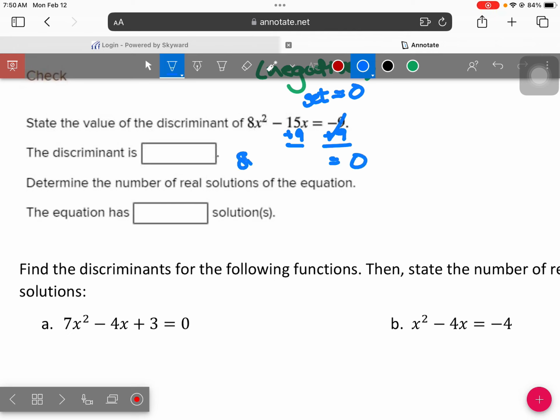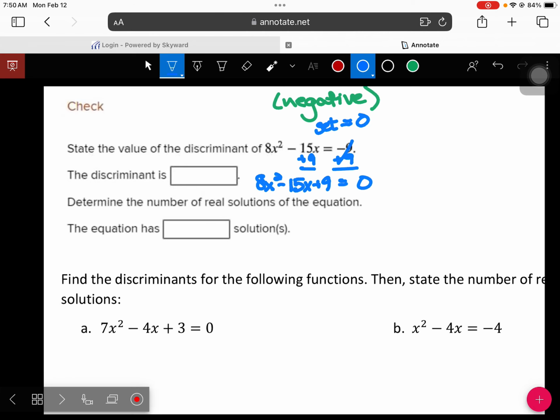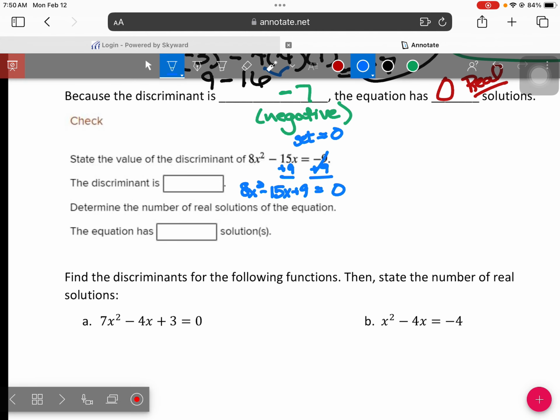And so we have 8x squared minus 15x plus 9 equals 0. You can't combine the x term with your constant. So we need to use that little formula, b squared minus 4 times a times c. My b value here is going to be negative 15 squared.